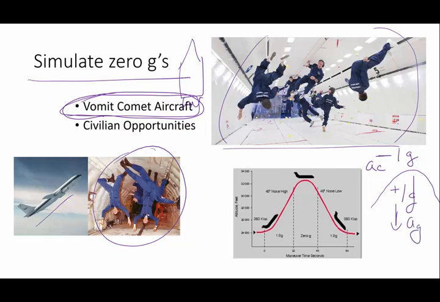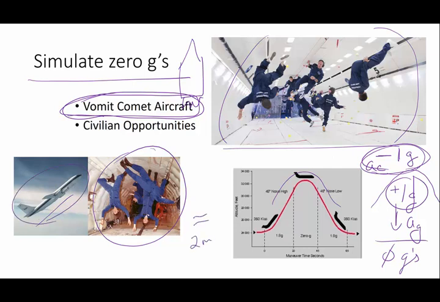So if you've got negative 1g, it's like if you go over a railroad track very fast in your car, your little hiney's going to come up off the seat. These negative g's and positive g's, when they add together, end up being 0 g's. They only get about 2 minutes in this 0g environment, but it gives people an idea of what it's going to feel like.